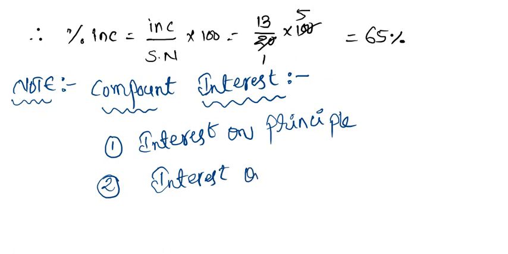Let me make it simple. For example, the same case we discussed now. So that is old out of current you are writing. So old out of current.